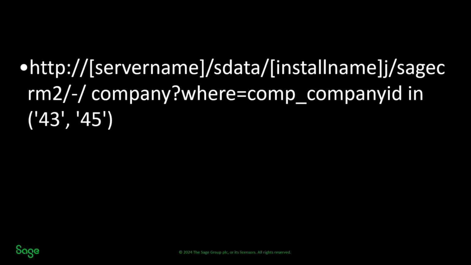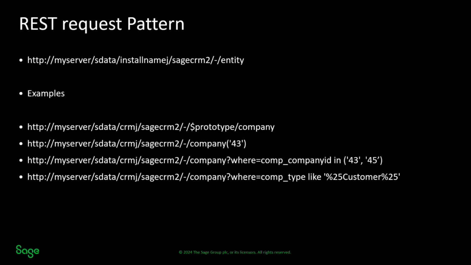So you've got here a where company_id is in a list of items that you might want to include. We'll see in a moment how we can use a where clause to look at other information that will return a set of data and not just one. And these are all the request patterns that we have.